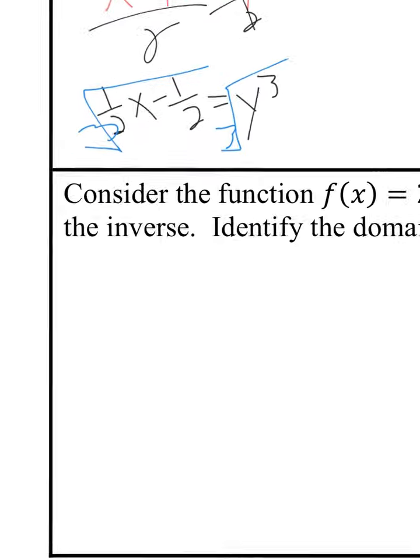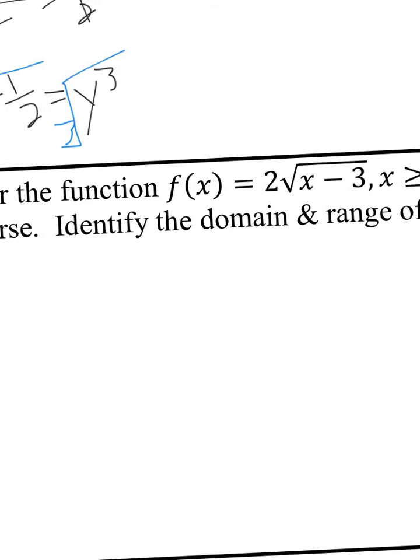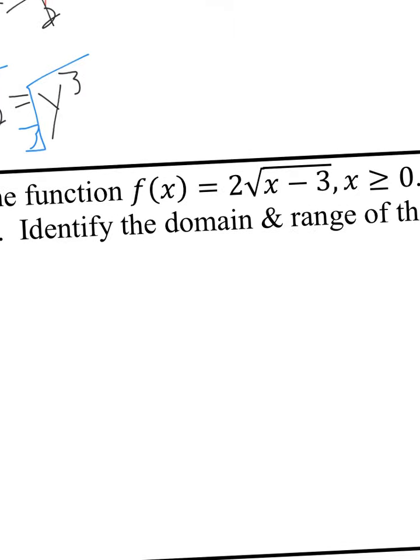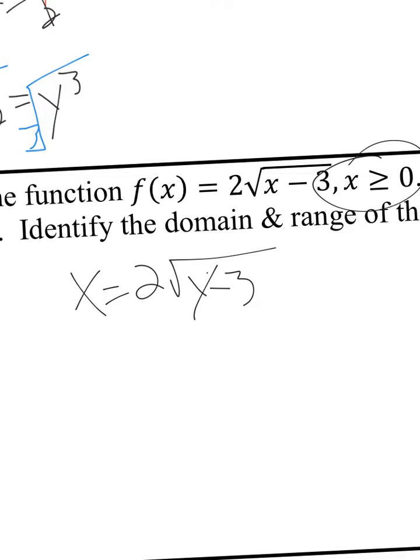But let's do the inverse now. Alright, so the inverse here is going to be x equals 2 square root of y minus 3. And then remember, we'll keep that in mind where x is greater than or equal to 0, okay?